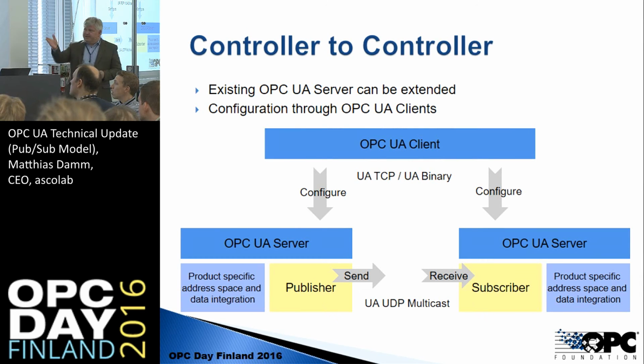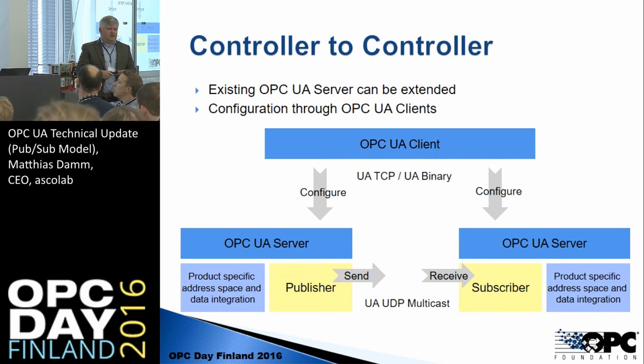One example of one of our most important use cases is controller-to-controller communication. The idea is that we have a standard configuration model, so you can go from any standard configuration client into one device, set up a data set you want to publish, and set up the publisher settings like cycle time, frequency, and the address, or the multicast address.